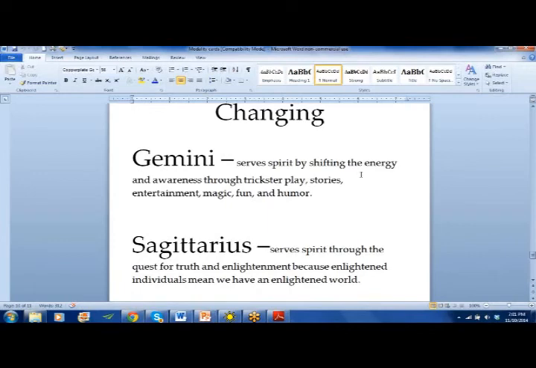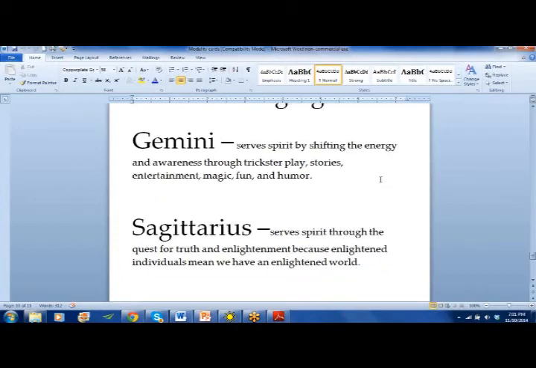So Gemini is serving spirit by being the trickster, the one who brings in the humor and the fun and the magic and the stories, making it more playful, and not letting us get too serious, not taking ourselves too seriously.